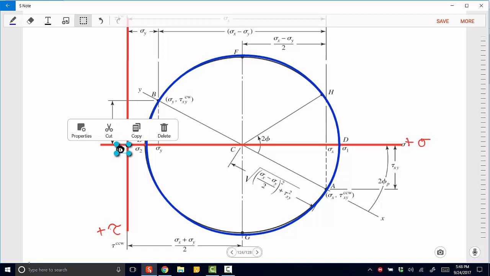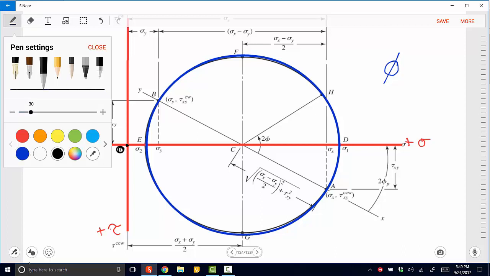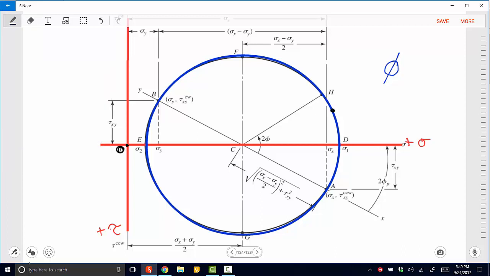So if we were to cut that element at different values of phi, and let's turn the feature off, if we were to cut the element at different angles, each point on Mohr's circle represents a different actual angle of cut, and each point has a combined value of normal stress and shear stress.